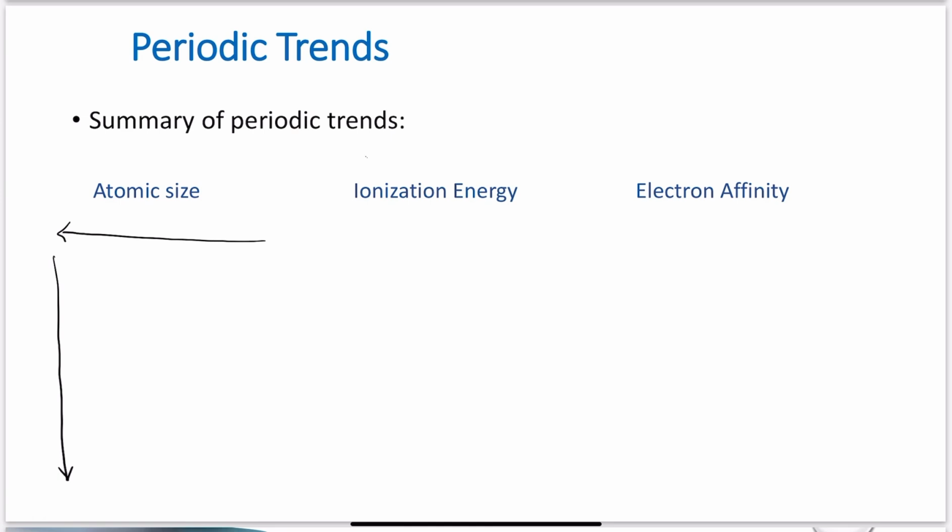Ionization energy, we will define this when we get to that chapter, but it's the energy required to remove an electron from an atom or an ion. Generally speaking, it increases across, left to right, and up the table, bottom to top. But there are important exceptions, and you need to be able to predict these.